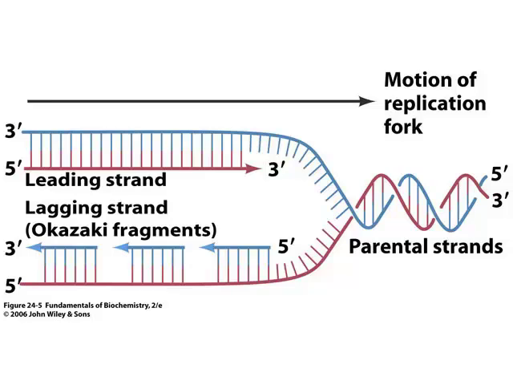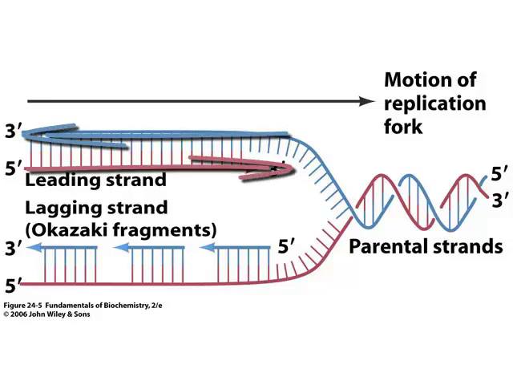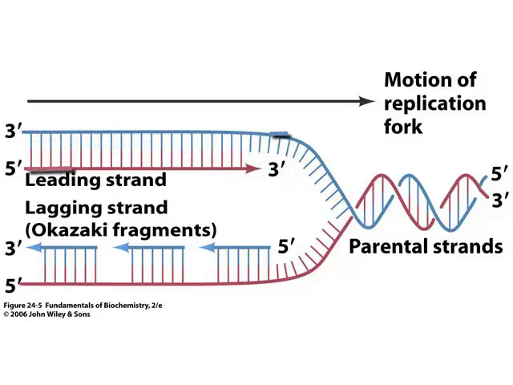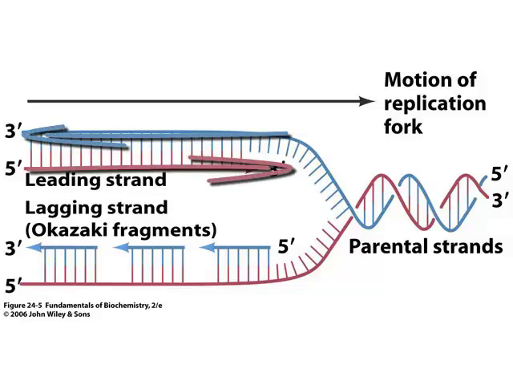So because those strands are anti-parallel always, and because we always build in a 5' to 3' direction, then for the top strand that's shown here, what's called the leading strand, that's an easy thing to do, because the blue strand is running 3' to 5', and we're building off of it 5' to 3', and so that's no problem at all. We just build our way along 5' to 3'. We keep adding new subunits.